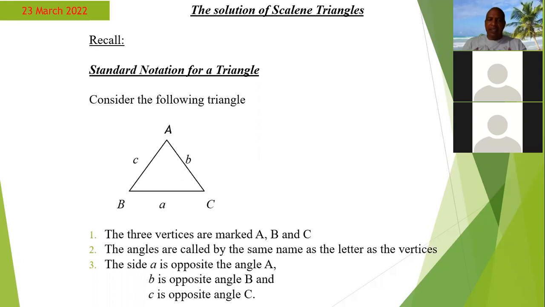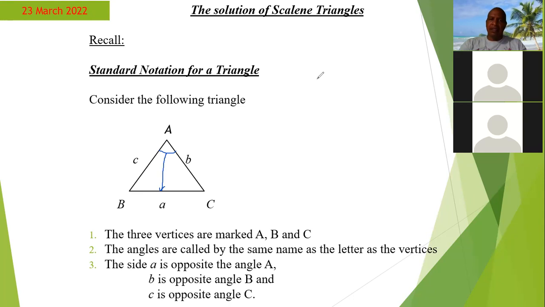Now we see that the small letter a would be opposite to the angle A, right? So it is right across from the angle. Remember that the angle is simply the opening between the two lines joining at the point A. And the small letter a would be used to label the side BC, all right?